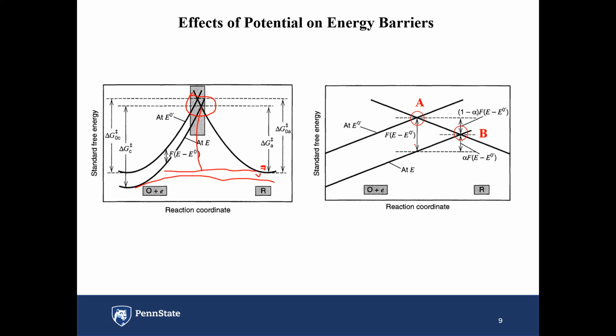The difference between them is F times (E minus E0), because the electron number is equal to 1, based on the reaction. The reaction is oxidant plus 1 electron turned to a reductant, right?